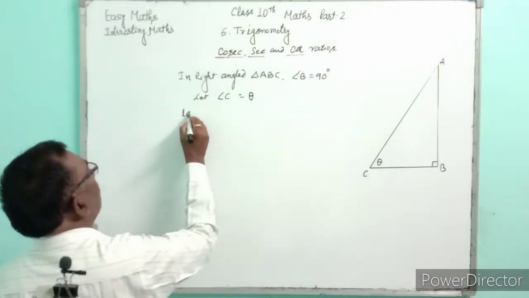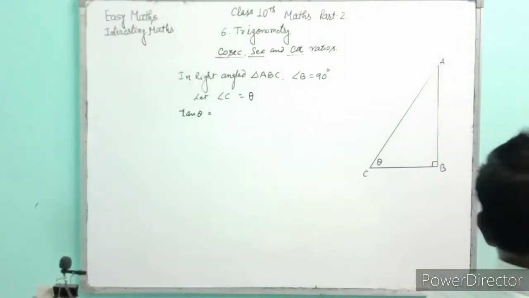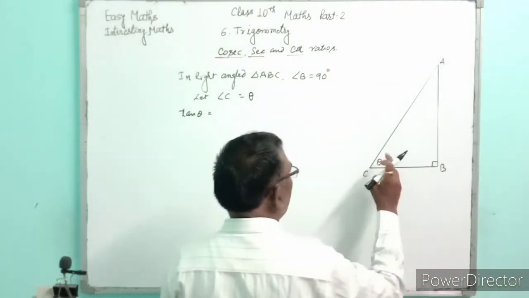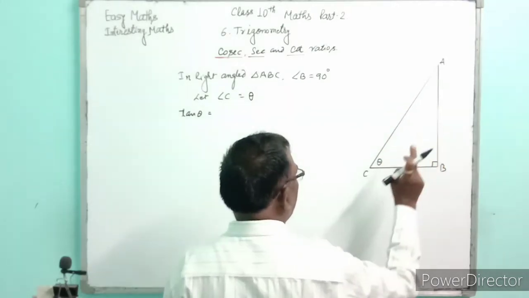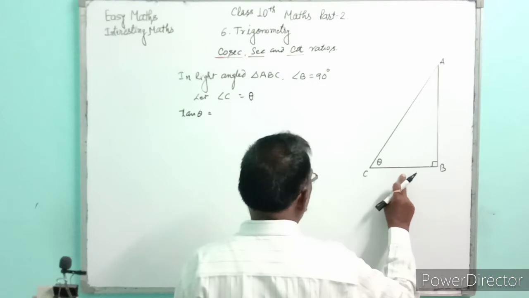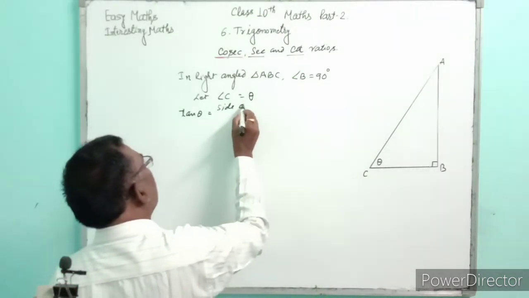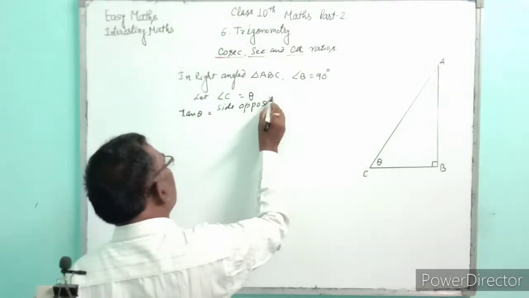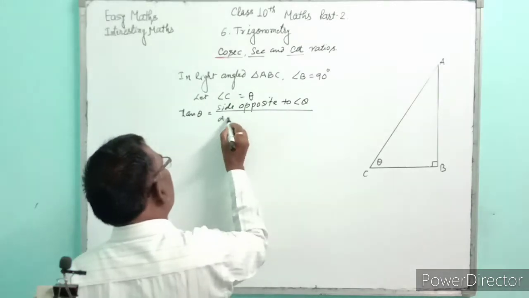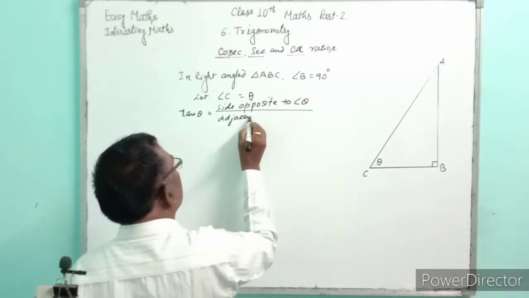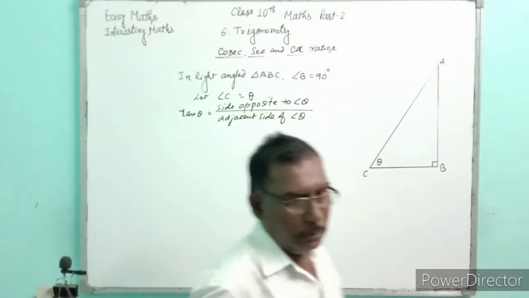So, tan theta is equal to the side opposite to angle theta divided by the adjacent side of angle theta.